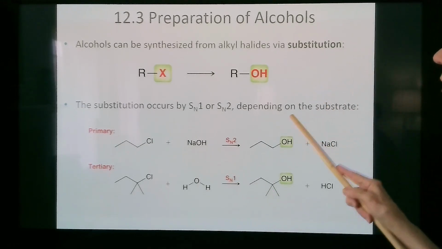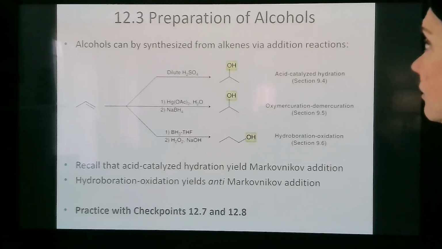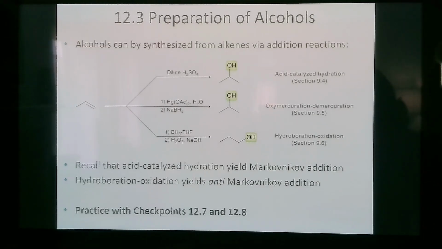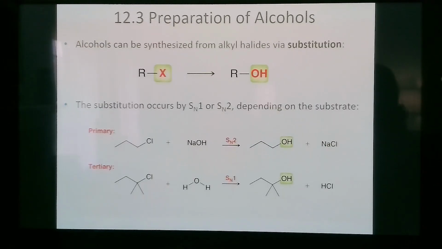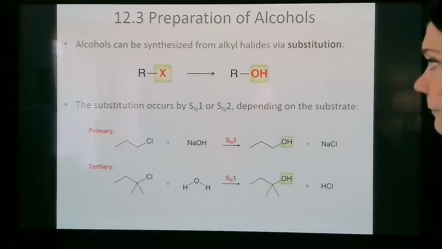So this is a review. You have already seen this. Preparation of an alcohol from an alkyl halide by those two mechanisms.